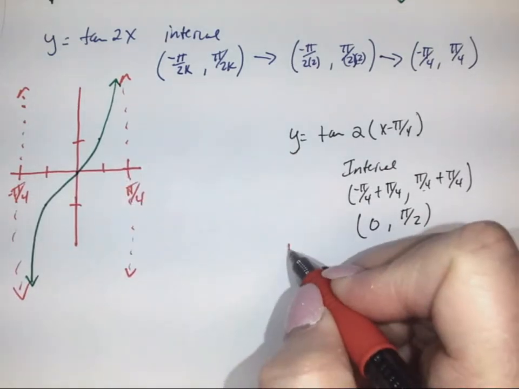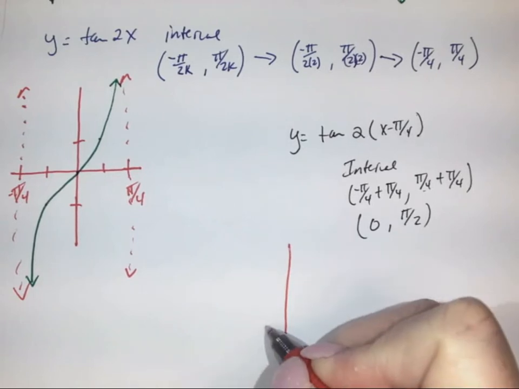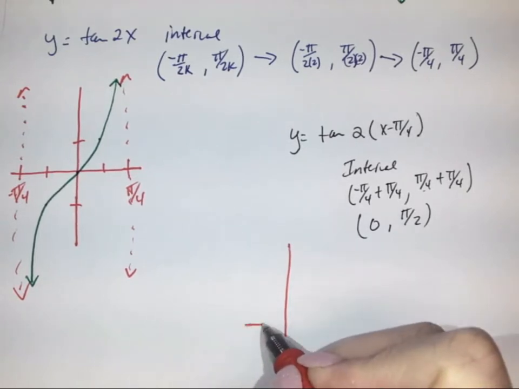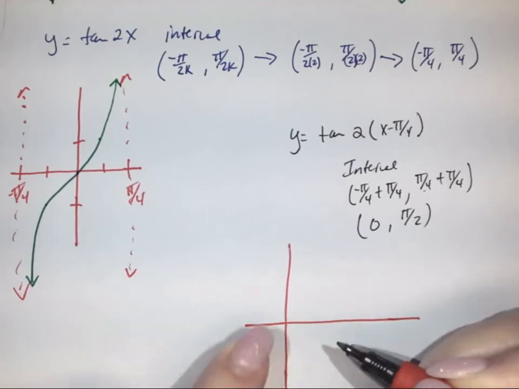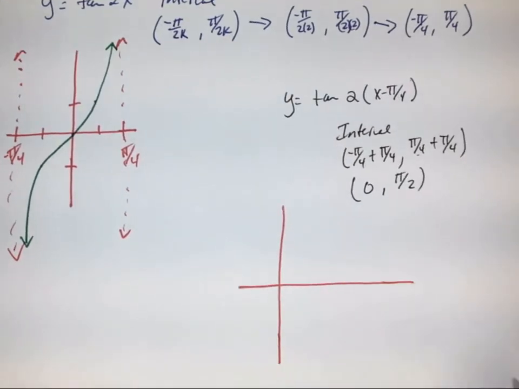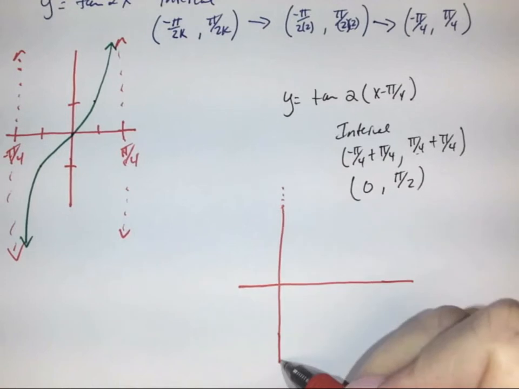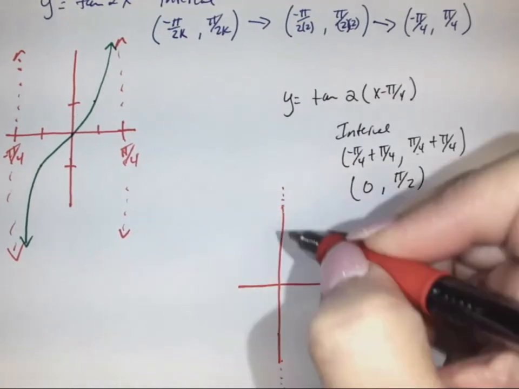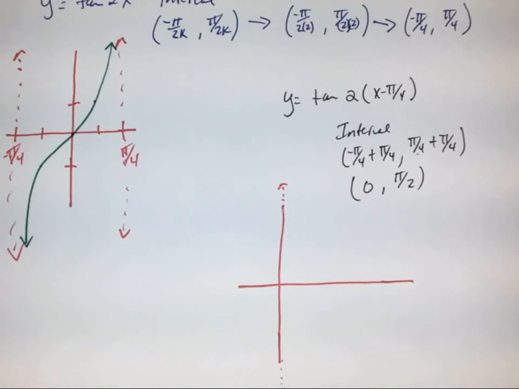All right, so this time our graph will look a little bit different because this is where our 0 is. It's still going to be where the asymptote, we could kind of do the asymptote on either side so that we understand there's an asymptote happening there.